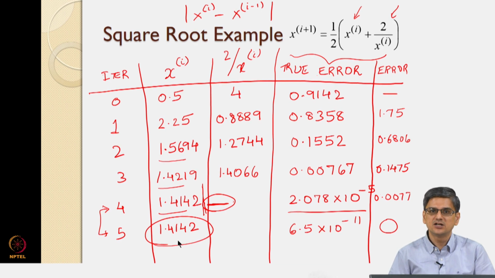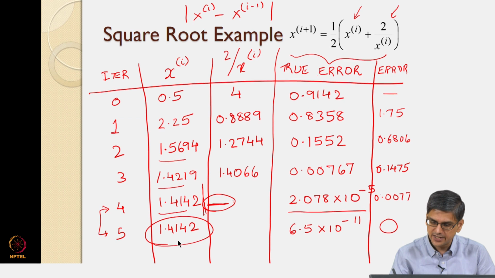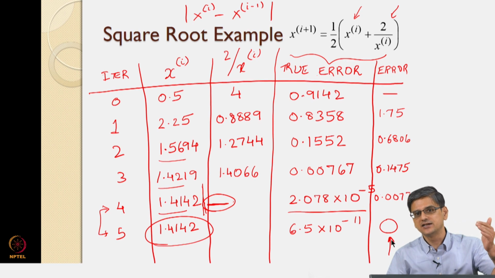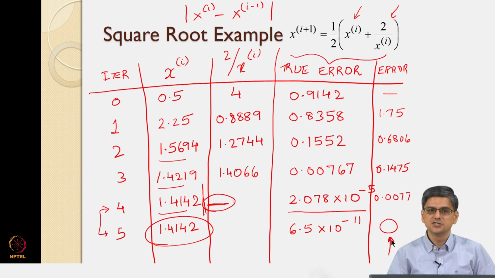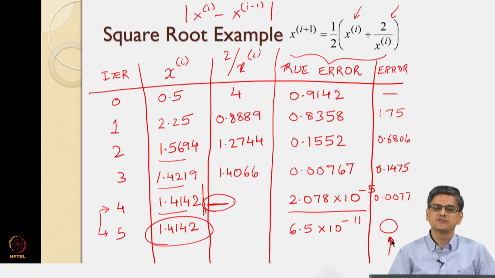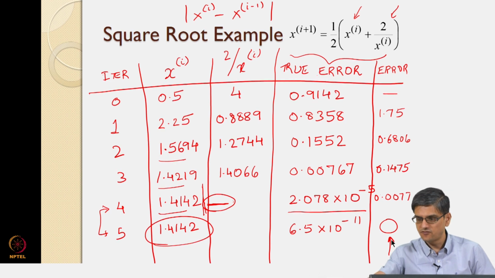You would have learned the difference between the true error, if the true value is known, or more appropriately the iteration error, which means you calculate the difference between the current iterative value and the previous iterative value, and you keep repeating that until your solution converges. So, this is the overall procedure that we are going to use in all the lectures from this point forward.